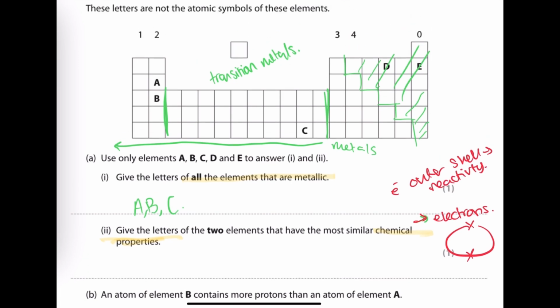So we know that in a group, every single element that goes down a group has the same number of electrons in their outer shell. So group 1 all has 1 electron in their outer shell. So we know now that group 2, A and B both have 2 electrons in their outer shell, meaning it is both A and B that have the most similar chemical properties.